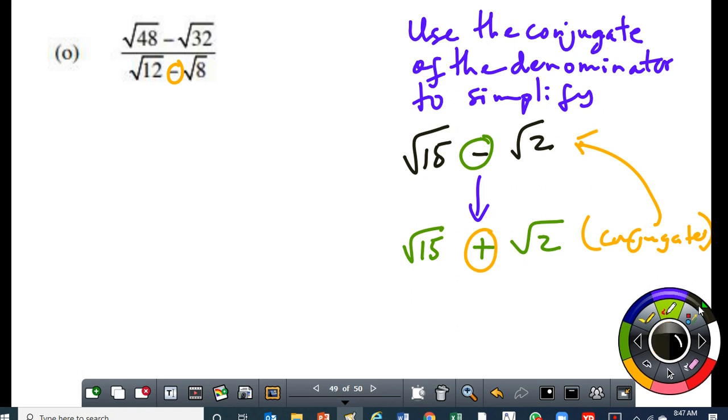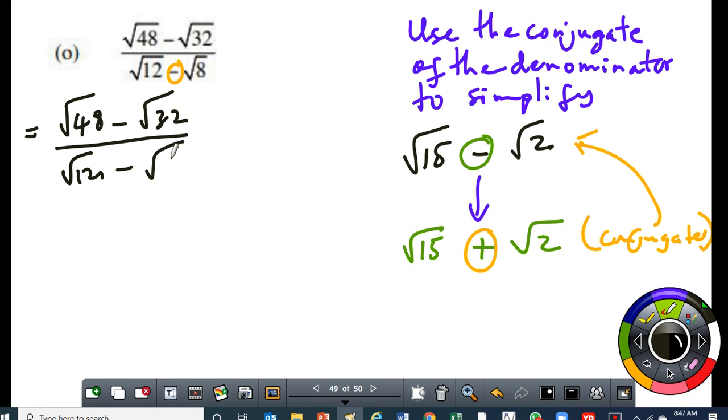So I'm going to start by saying the square root of 48 minus the square root of 32, all over the square root of 12 minus the square root of 8. Remember what I said earlier in the previous example, that when you are simplifying sets like this, you need to do a technique called rationalizing, whereby you convert the denominator to a rational number.